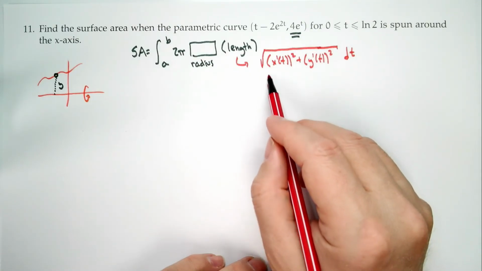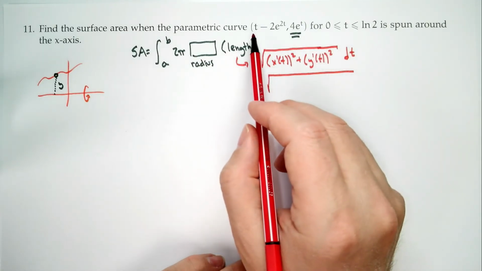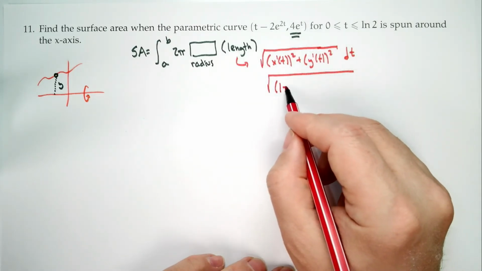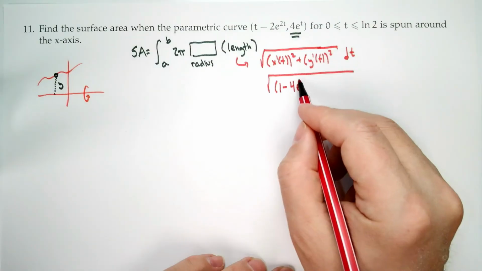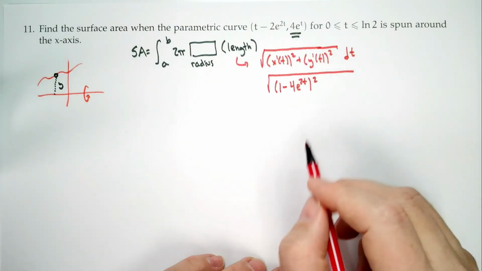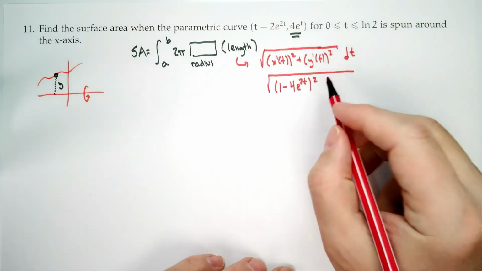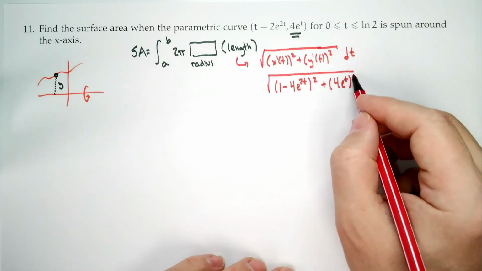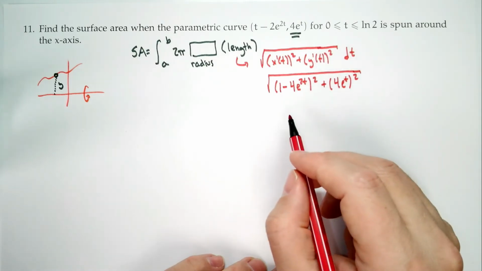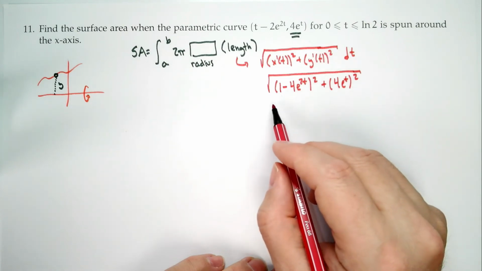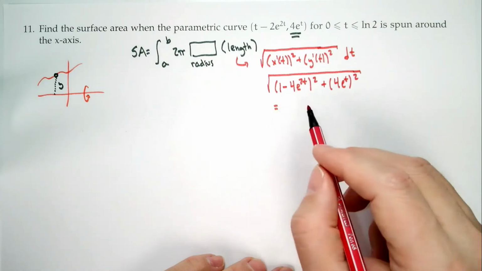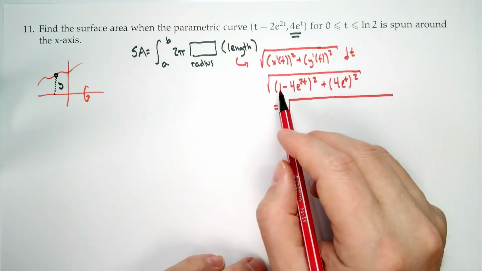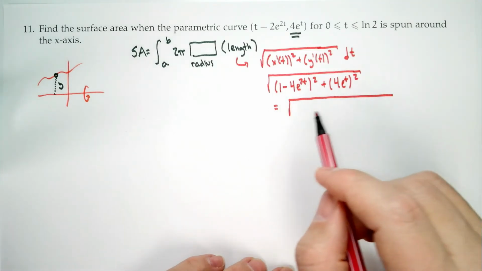So this will become the square root of the derivative of the x-coordinate, (1 minus 4e to the 2t) squared. Don't forget the square. Derivative of the y-coordinate, oh, that's nice, (4e to the t) squared. All right. Well, now our chance to show off our algebra. We're not going to hide our algebra skills under a basket.